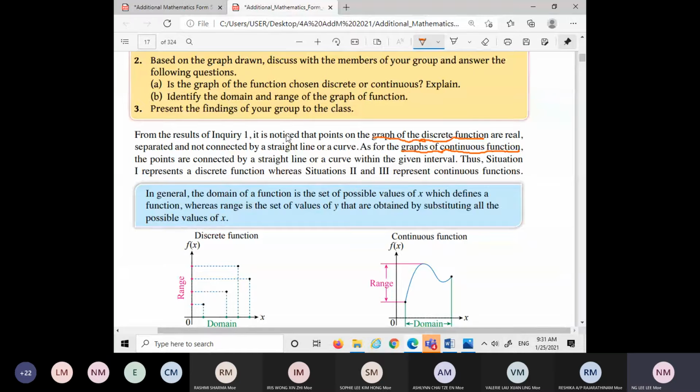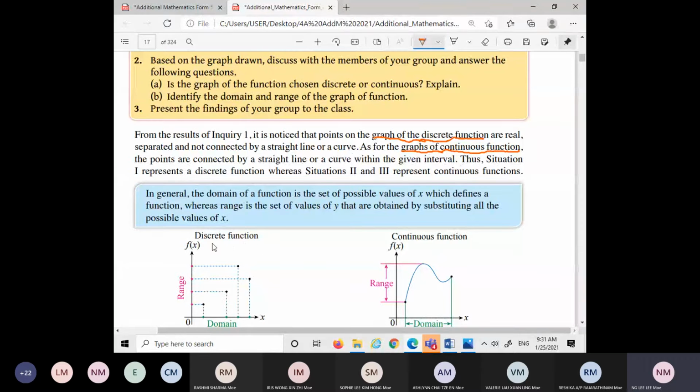Points on the graph of the discrete function are real. Okay, wait for a while. Okay, come back. Sorry, I repeat. Graph of discrete function are real, separated and not connected by a straight line or a curve.